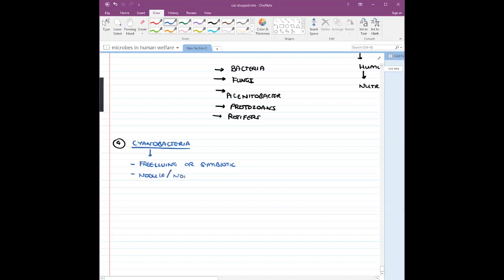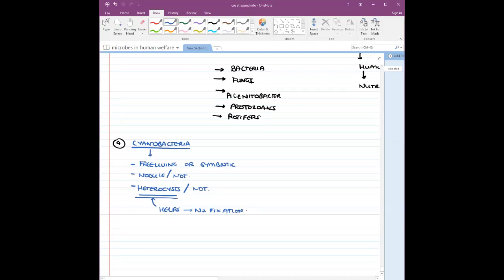Or these are going to have special structures called heterocysts, or they may not be producing any heterocyst at all. Now guys, when nitrogen fixation takes place in those that have heterocysts, nitrogen fixation occurs in the heterocyst.